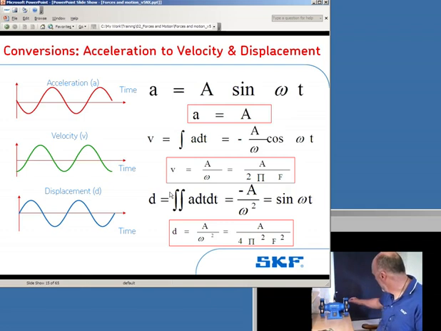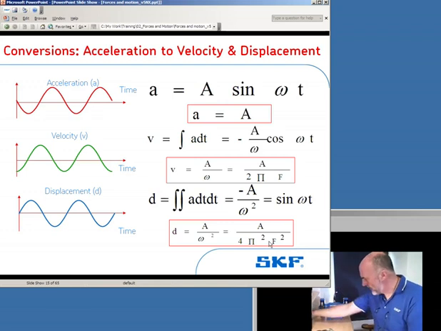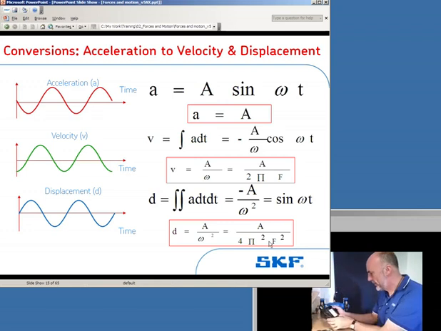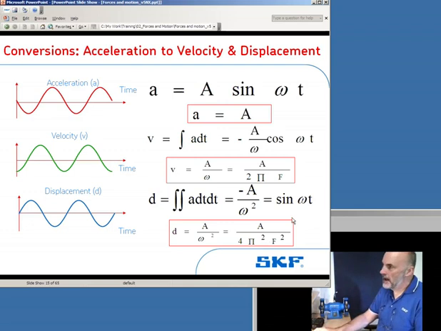And if we take the acceleration value and divide by 4 pi squared f squared, we can instantly calculate the displacement. We don't worry you with the math. When you switch on the instrument and push the buttons, that's what it will be doing for you. You tell it what kind of sensor you've got, you tell it what you want to see on the y-axis, and the box will do this arithmetic.